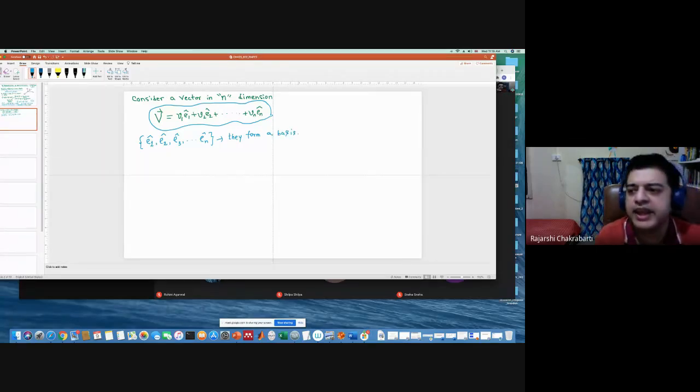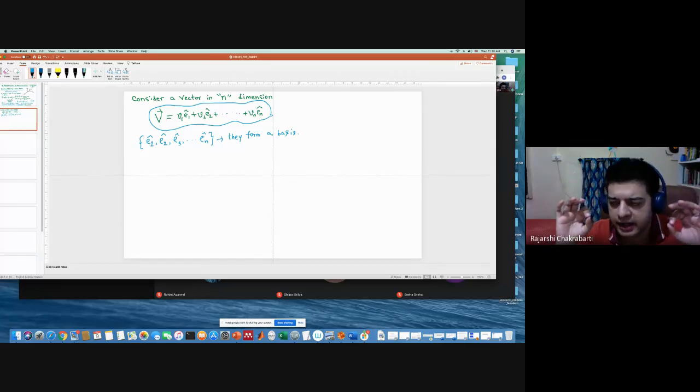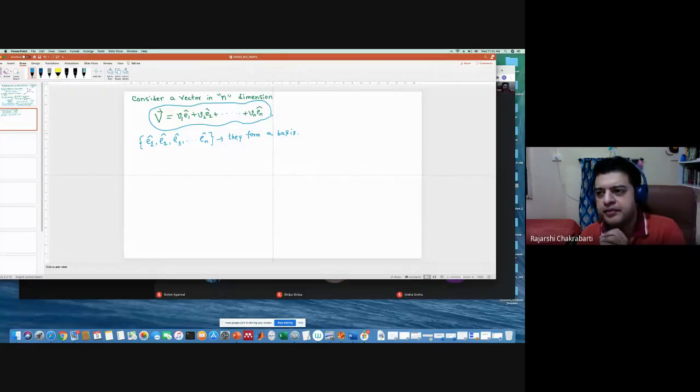So I can take any arbitrary vector in that n-dimensional space and take a linear combination of these unit vectors and express that arbitrary vector. Is this clear? The statement is very simple. I did it for 3D and now I am doing it for n dimensions.